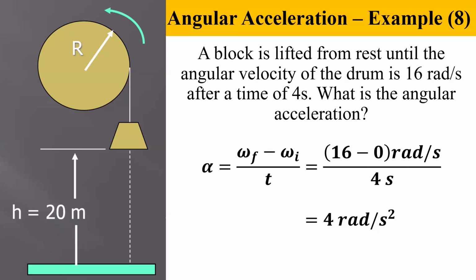Similar to linear motion, but this is angular motion, which is the rate of change of your angular velocity divided by your time. The change in angular velocity divided by your time.